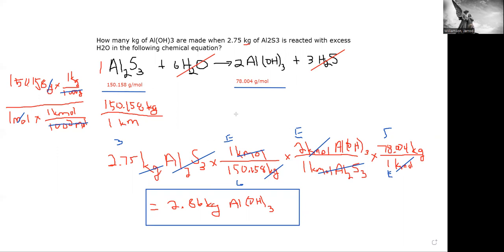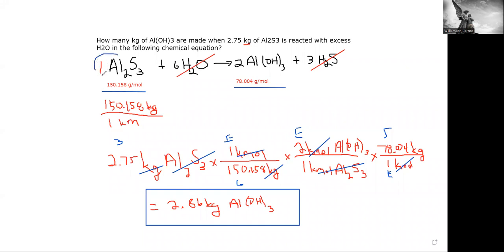If I look here, let me erase that. You guys can rewind. If I look here, I'll do it in blue. For every 1 mole of Al2S3, I get 2 moles of Al(OH)3.